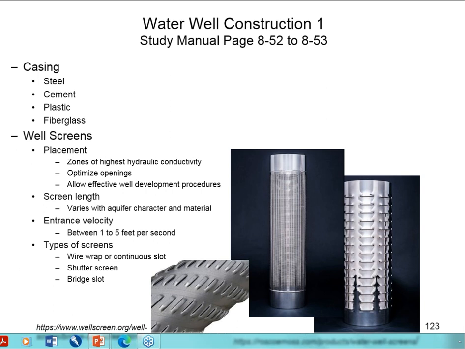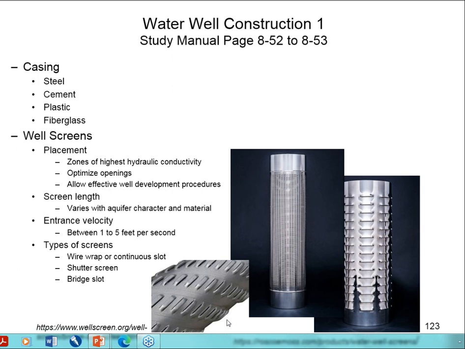The thing is that we don't want to have so many large openings that we draw so much of the fine material into the well, because it makes the development process so much harder. And it also could create a situation where you have some turbid flow that is going to be more erosive, and you have higher entrance velocities, which can erode your formation or your filter pack.